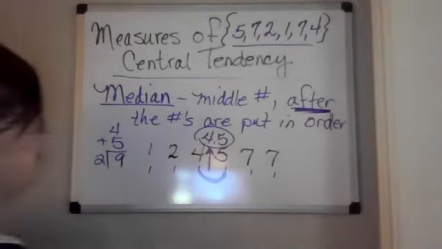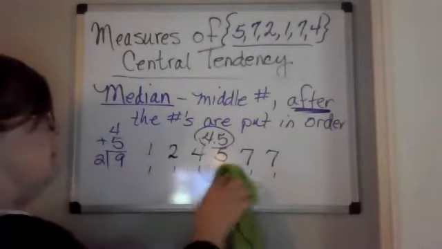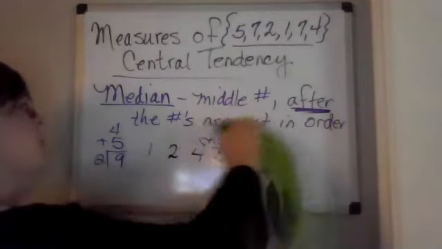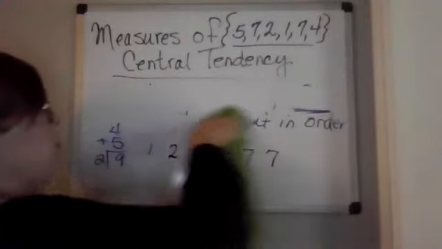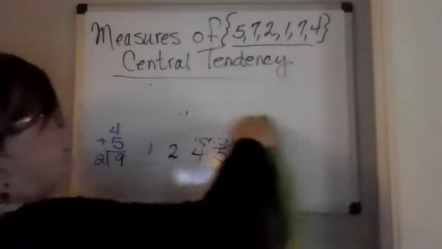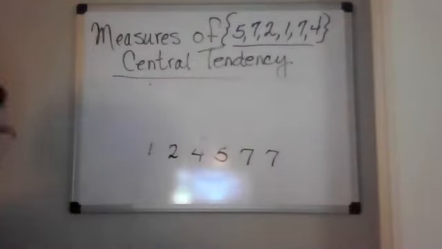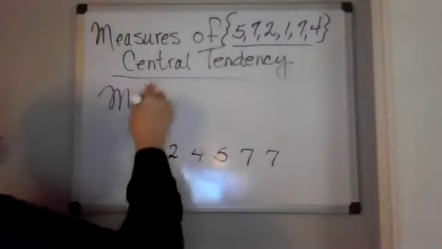I'm going to leave my numbers in order because it's easier. So let me get rid of this stuff, and you're going to find the mode. Now, a lot of this is repeat for you all, but bear with me. Okay, the mode is the number that appears the most.